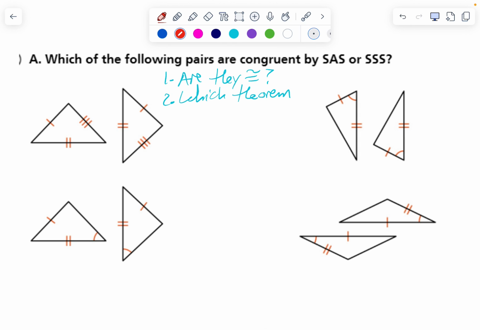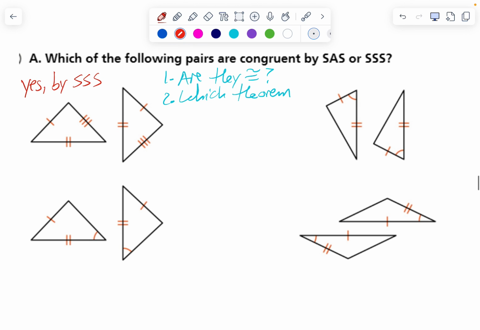Okay, I'm calling the upper left one the first pair. Are they congruent? All right, yes. By which theorem? Side, side, side. We're shown that all three sides are congruent. Okay, bottom left. Are those congruent?